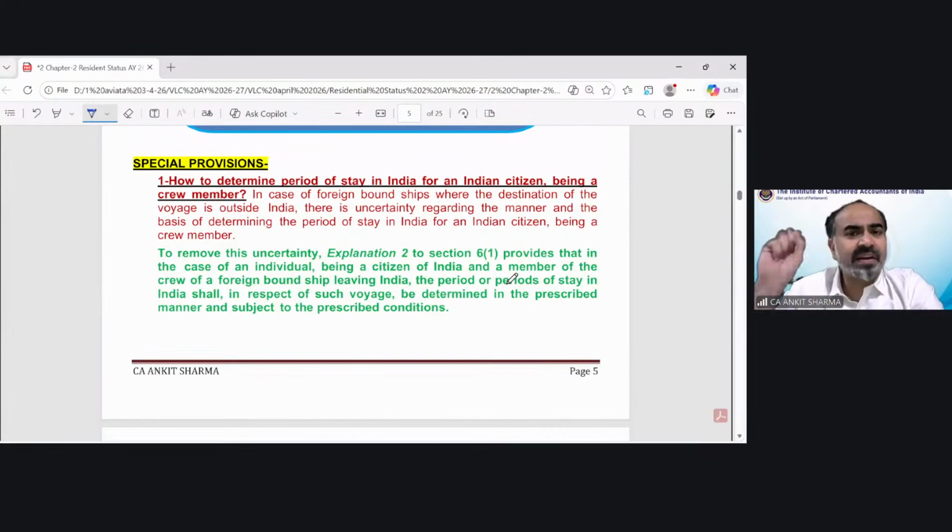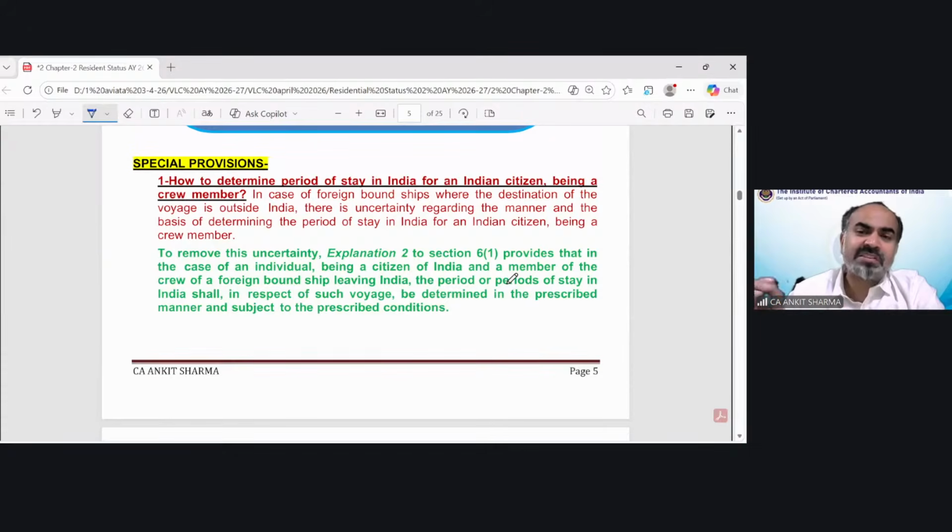This is a special category case. For those individuals who are crew members of an Indian ship, the number of days of stay in India will not be calculated. We will calculate the number of days they are outside India.